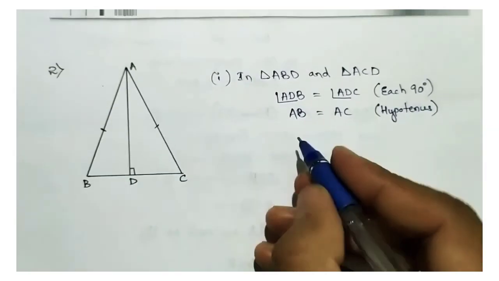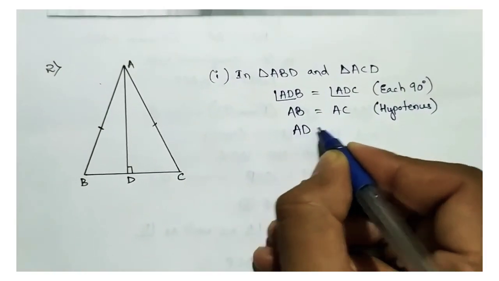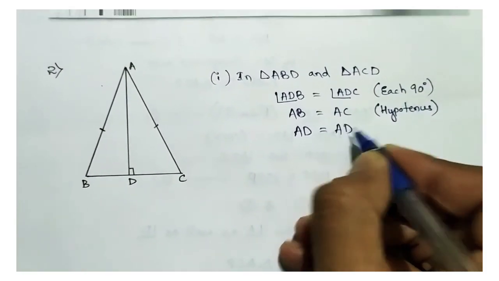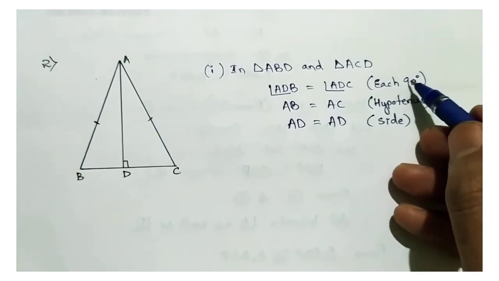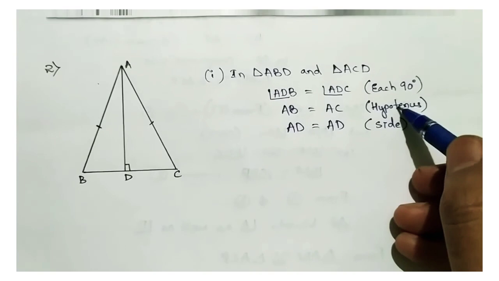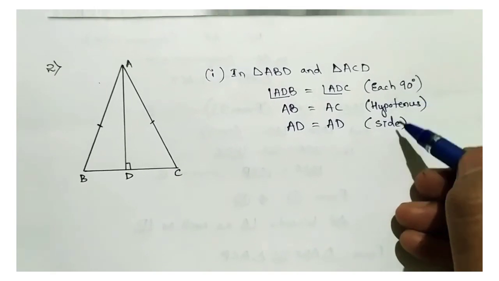And AD is common to both triangles, AD equals AD.